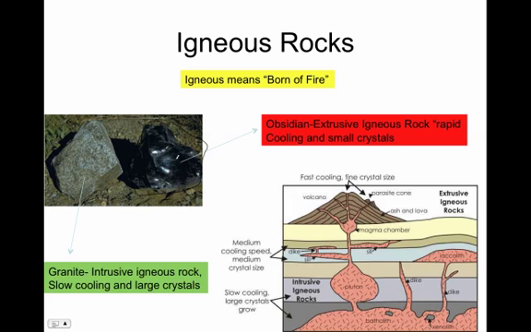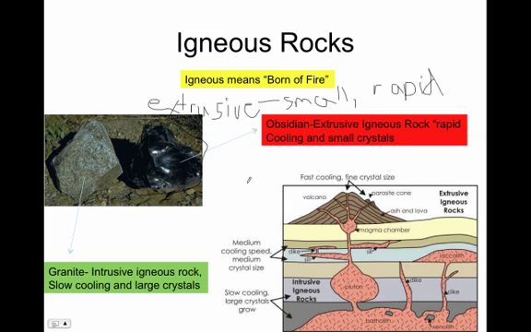It cools rapidly on the surface of the earth, and so it's extrusive, because it formed on the exterior. Most extrusive igneous rocks have small, tiny crystals or no crystals at all, and that's because they've cooled rapidly.